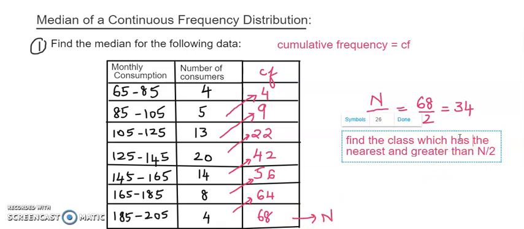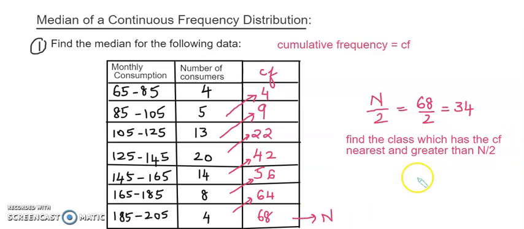We are going to find the class which has the CF which is the nearest but greater than N by 2. My N by 2 is 34. So it should be greater than 34 and the closest possible.